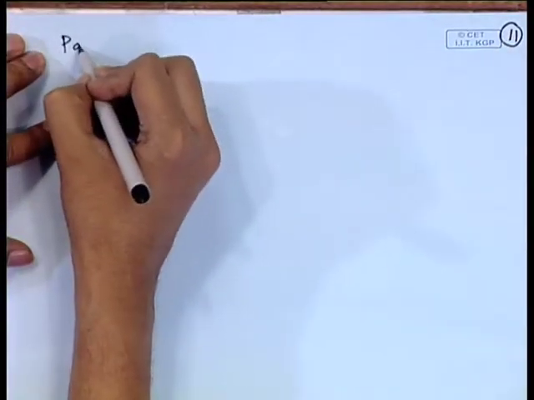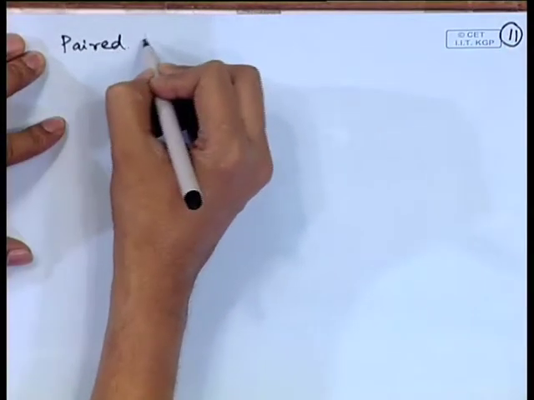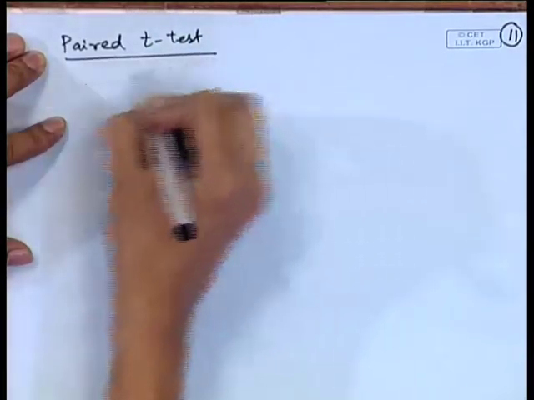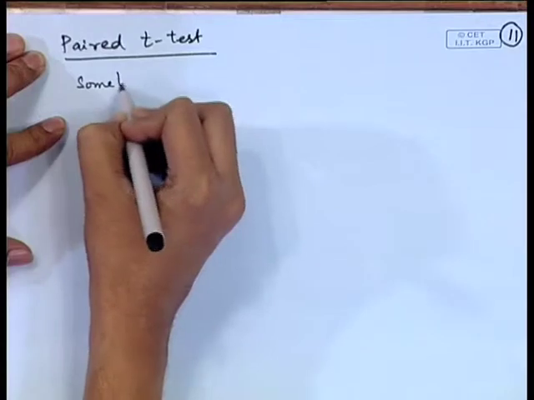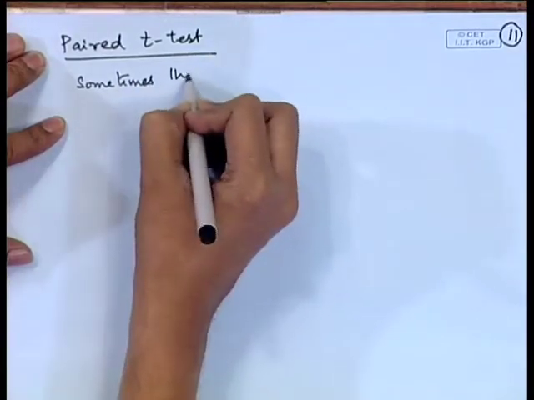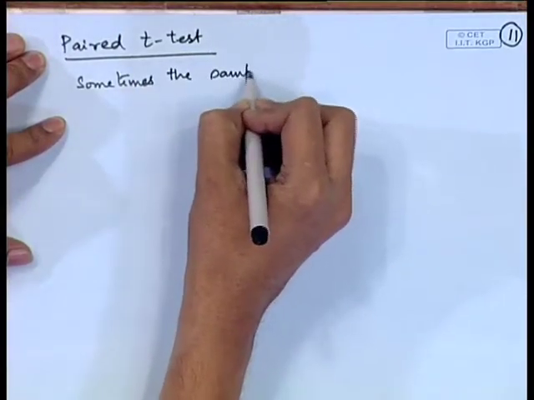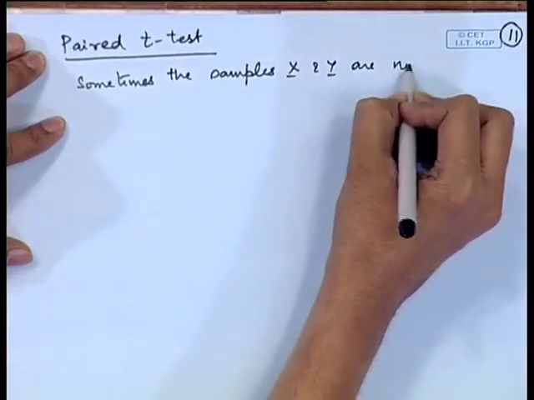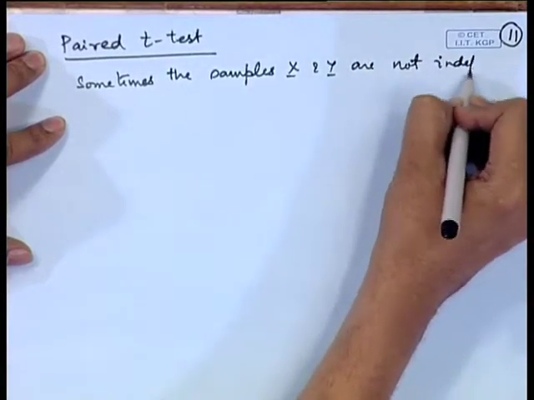So, in this case a simplified procedure is proposed and we call it paired t test. So, sometimes the samples x and y are not independent.